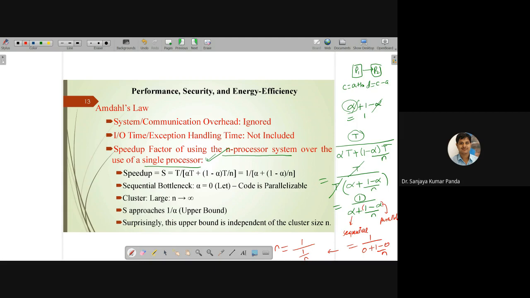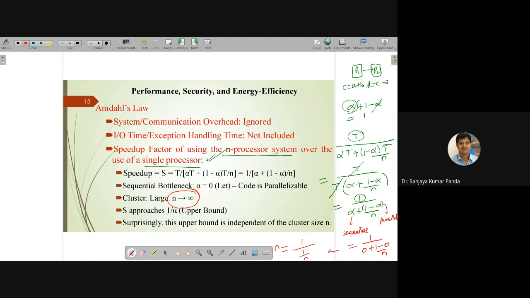Let's say n tends to infinity, because it is a very large number, not a small number like 2 or 3. If n is very large, you can consider n as infinity. So here the speedup approaches 1 by alpha. That is our upper bound.